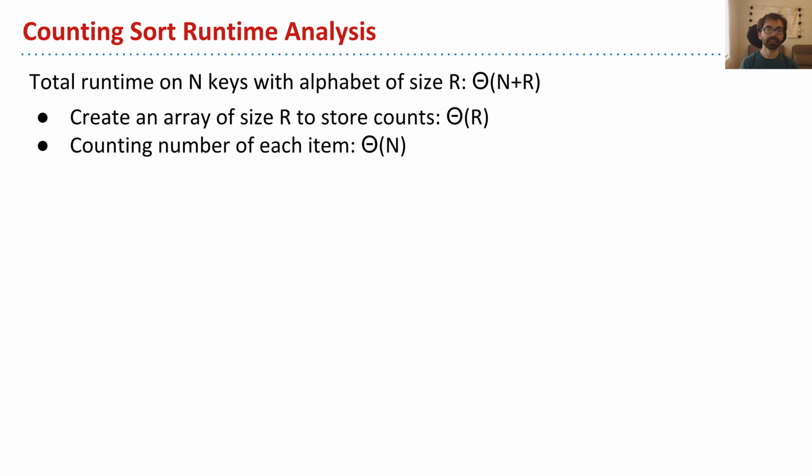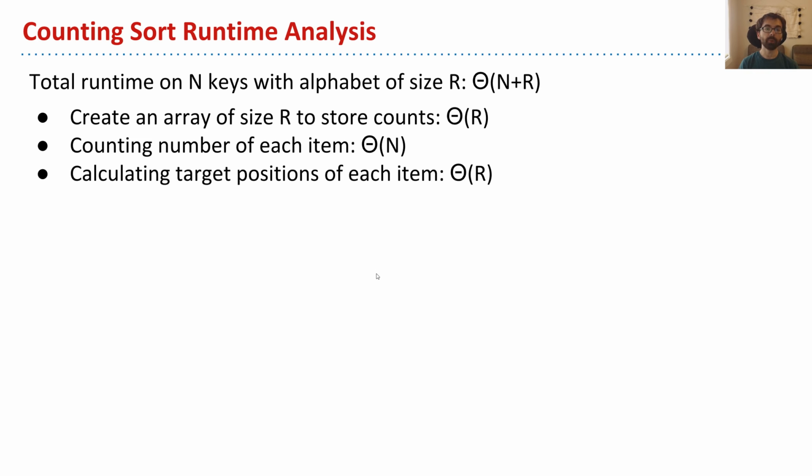I then count the number of each item, and that takes theta(n), because for each item, I'm going to increment the appropriate array entry in my count array. So that's theta(n). I will then calculate the target positions, or the starting positions, and that will take theta(r) time, because it's just the cumulative sum. We didn't really talk in detail about that operation, but it's just theta(r).